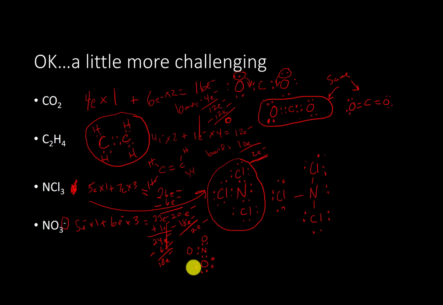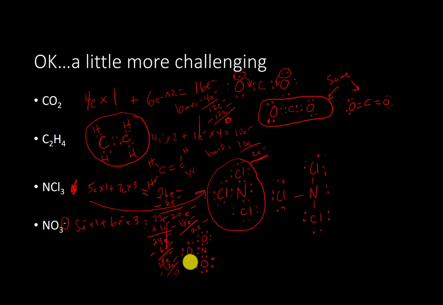Now that oxygen has a filled valence shell, and this oxygen now has a full valence shell, and this oxygen now has a full valence shell. All right, how many electrons have we used up? We just put 6, 6, 6, so we've used up 18 electrons, leaving us with 0.